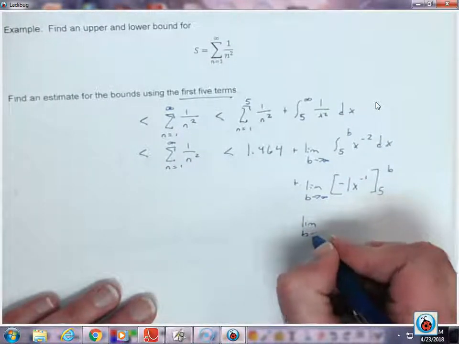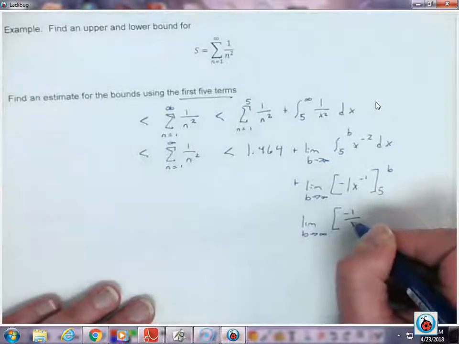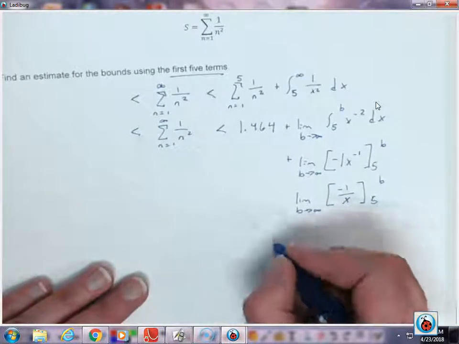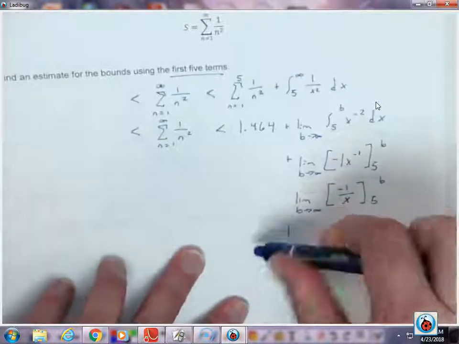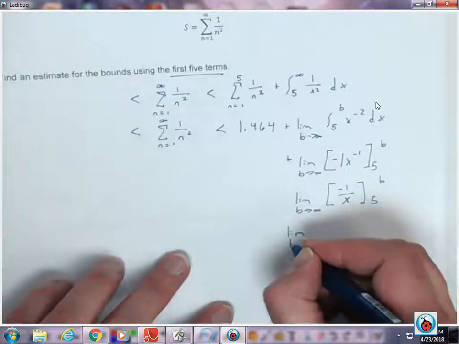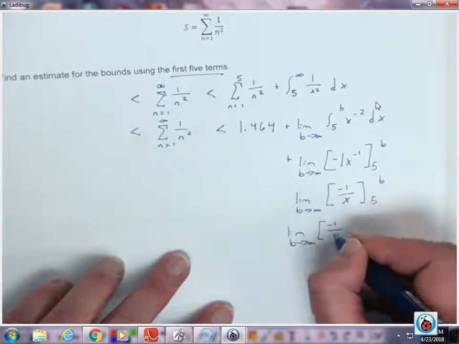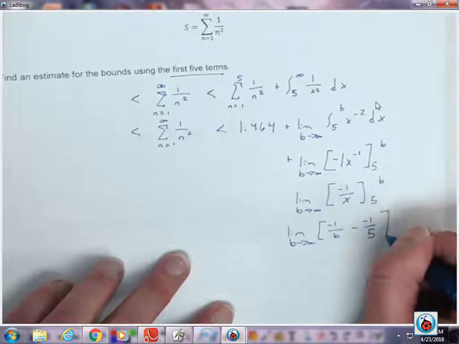So we have the limit as b approaches infinity. Let's just write this as negative 1 over x from 5 to b. So this would be the limit as b approaches infinity of negative 1 over b minus negative 1 over 5.